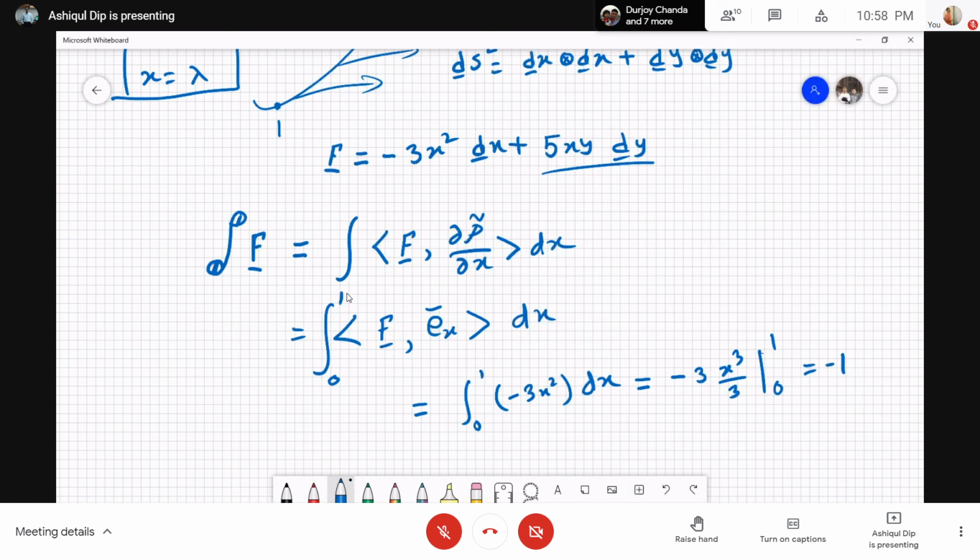Can you give me a surface integration? Yeah, but the answer is 7. 7? Yeah.